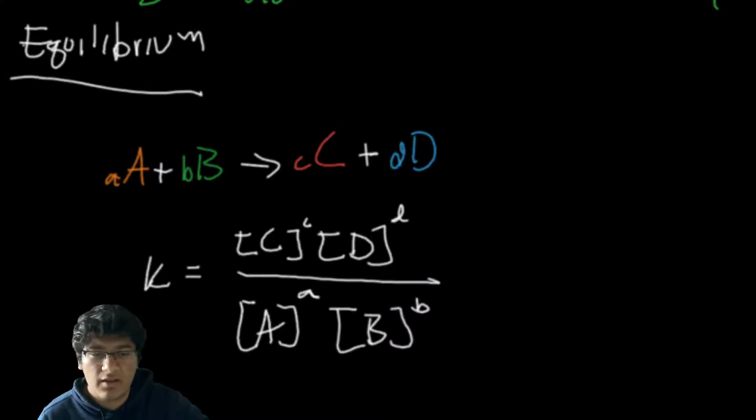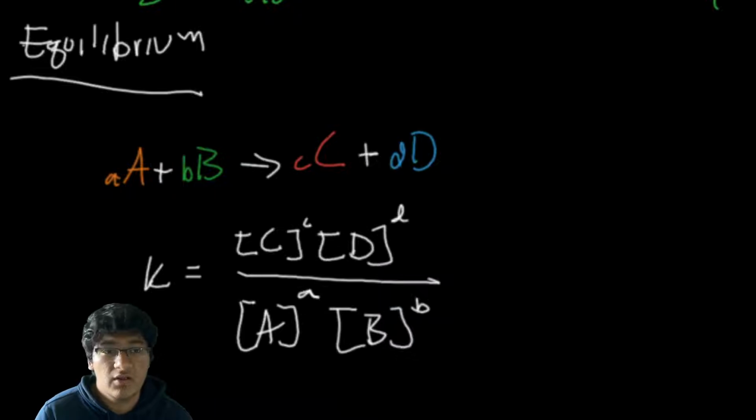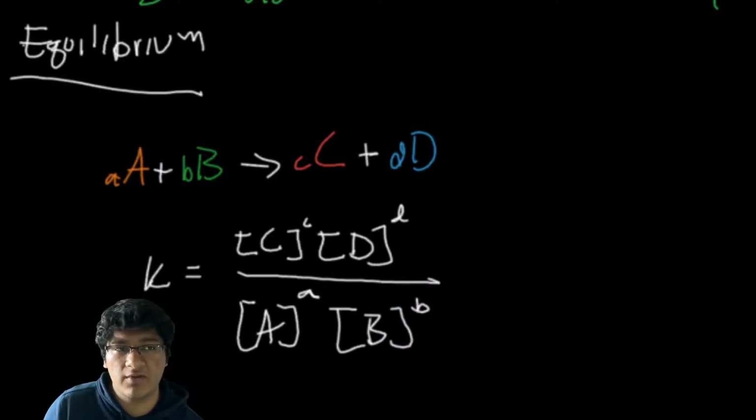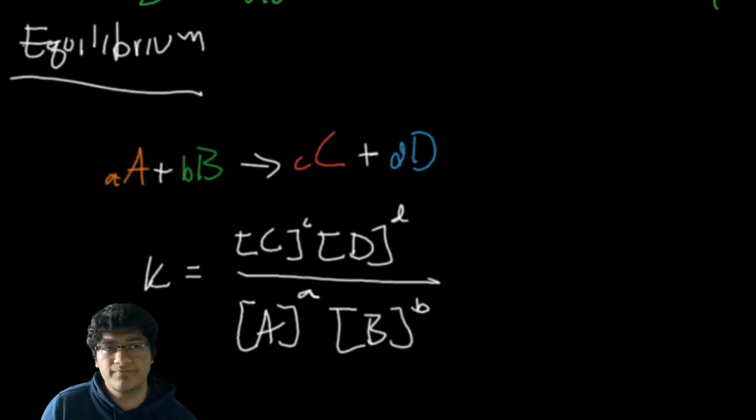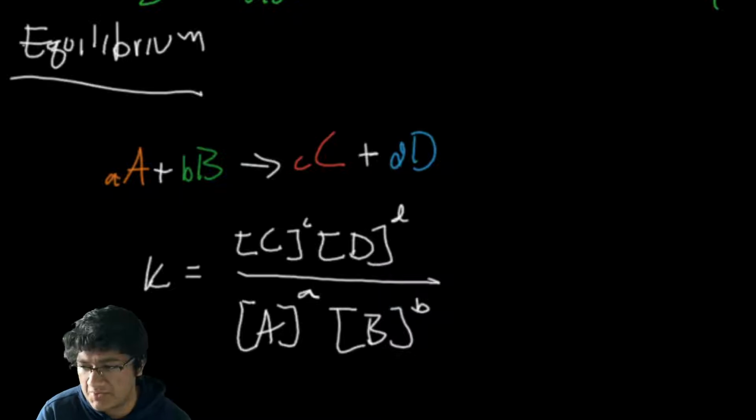Obviously, things are not always going to be in equilibrium to begin with, so the system is going to shift towards equilibrium. Sometimes when there's a stressor involved, we get a movement back towards equilibrium, which we'll talk about shortly with Le Chatelier's principle.